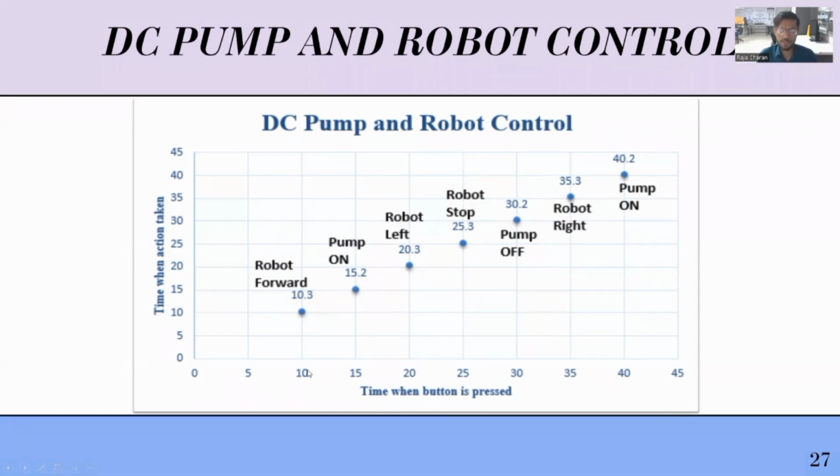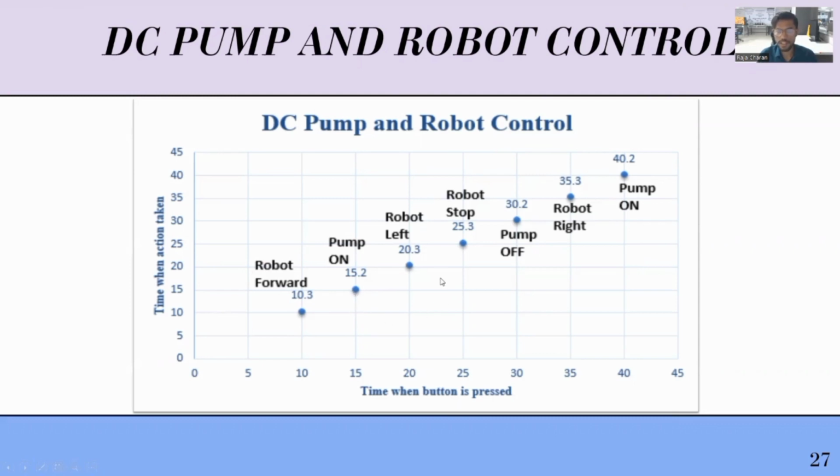If we give an input at 10 seconds, the robot moves forward after 0.3 seconds. It means there is a delay of 0.3 seconds for the robot to move forward. Similarly, when we give the signal of pump on at 15 seconds, the pump turns on after 0.2 seconds.